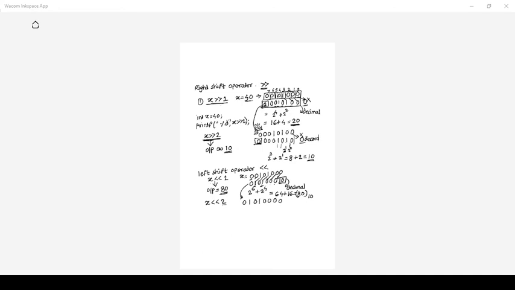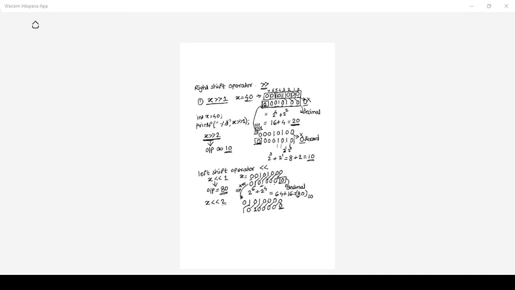Suppose this is the input I have taken, the output of x left shifted by 1, I have taken as input over here, and I am shifting that. You can see this one goes here, this goes here, this 0, this one goes here, and this 0 comes here, 0, 0, 0. Here one more space is there, so you can just add the 0 over here.